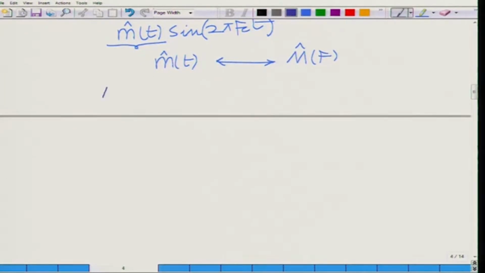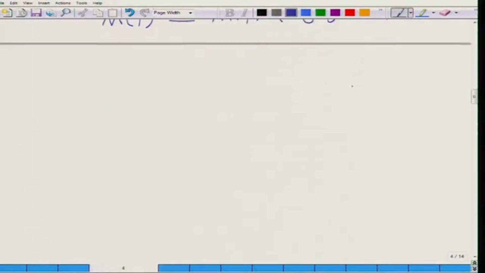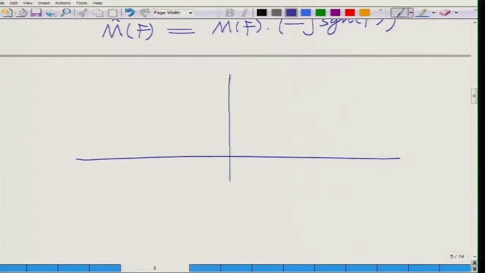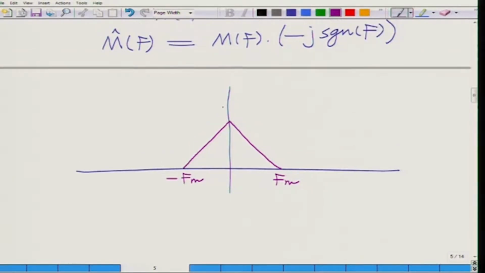Then we know, from the properties of the Hilbert transform, that M hat(f) is nothing but the spectrum M(f) multiplied by the Fourier transform of the Hilbert transformer, which is minus j sgn(f). So, this is the original spectrum M(f), multiplied by minus j sgn(f), which means that the positive frequency side is multiplied by the scaling factor minus j, and the negative frequency side is multiplied by the scaling factor j.